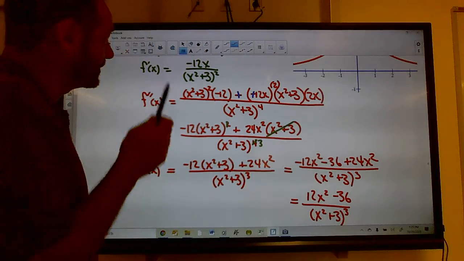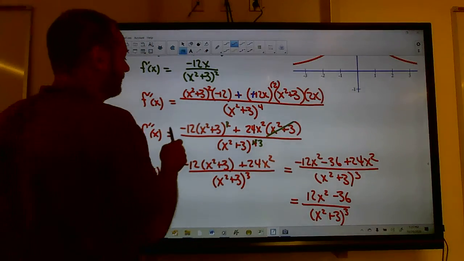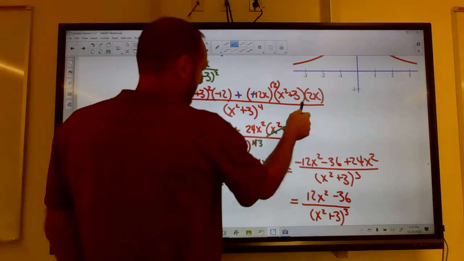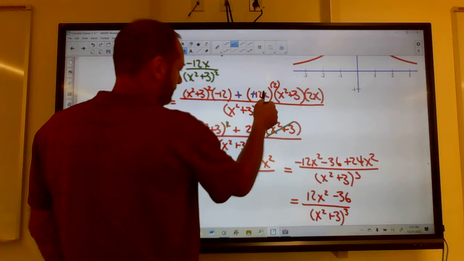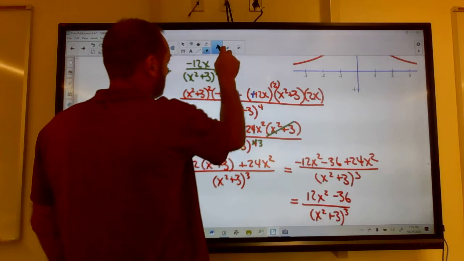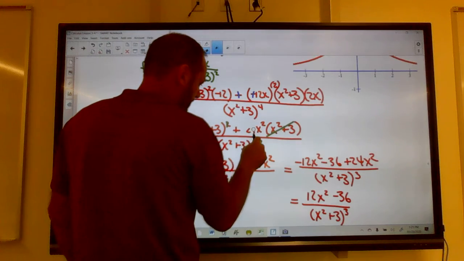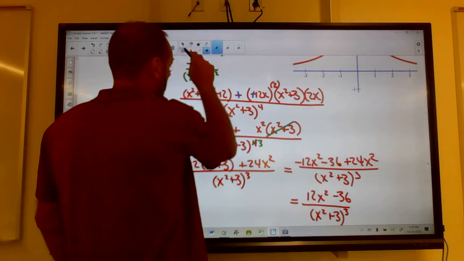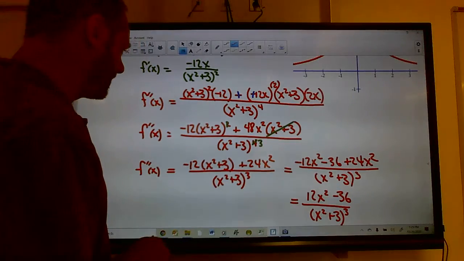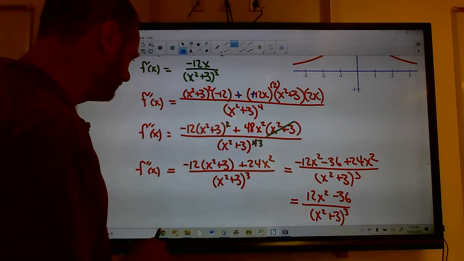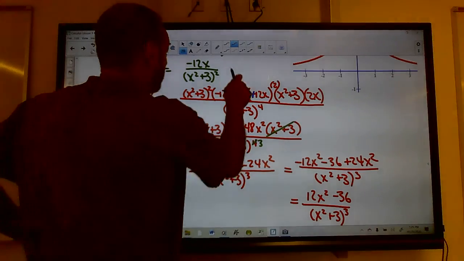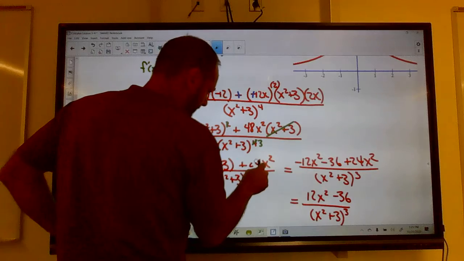Okay, so that changes some stuff here. That makes this 2 times 2 times 12, which is going to be 48 instead of 24. And then we still cancel out that, and this is still going to be 48 right here.